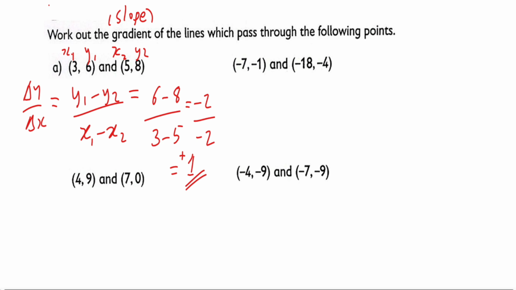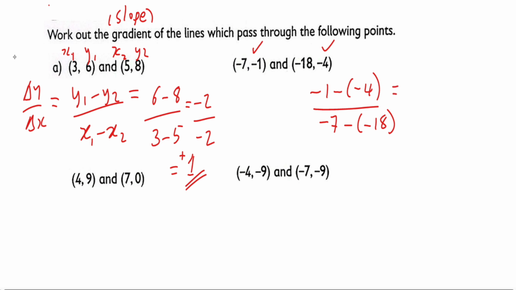Now let's try another question out. Let's try this one. Now for this one, again, you can use y1 minus y2 over x1 minus x2. The vice versa is accepted, y2 minus y1 over x2 minus x1. So you take this minus this. So let's take minus 1 minus negative 4 divided by minus 7 minus negative 18.